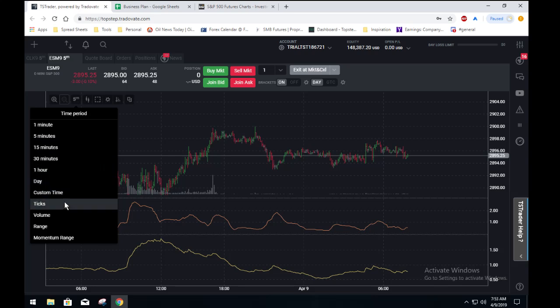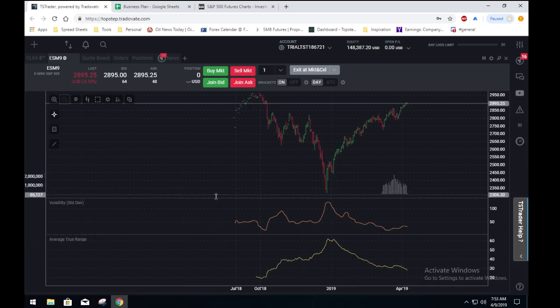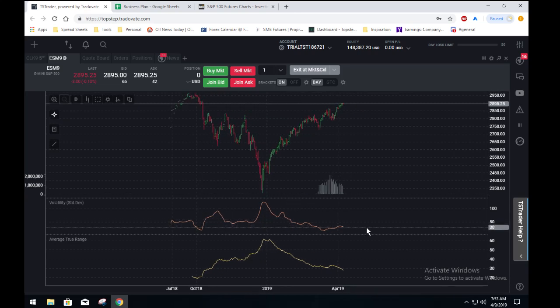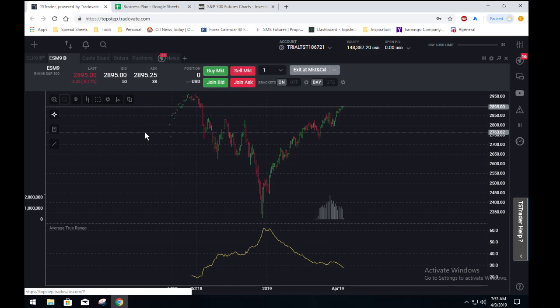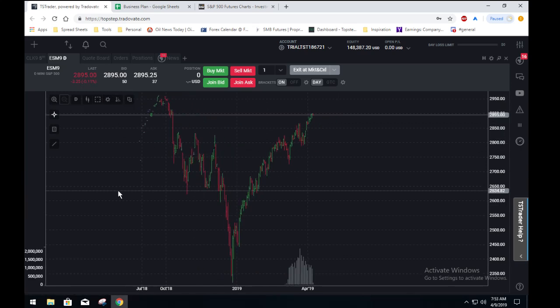To get daily, you go to day, and you will get your volatility as standard deviation. Right now your volatility is at 32. Let me see if I can tweak this for you guys. Settings, and if you want to take it off, you can remove it.